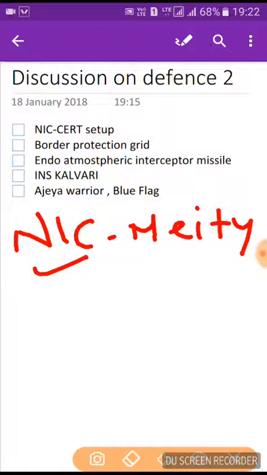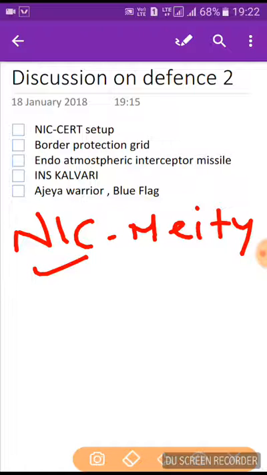Almost all Indian government websites are developed and managed by NIC under MeitY. That is the work of the NIC.